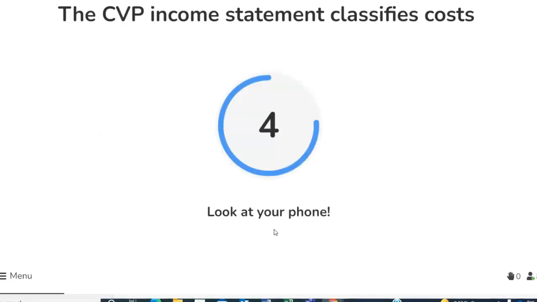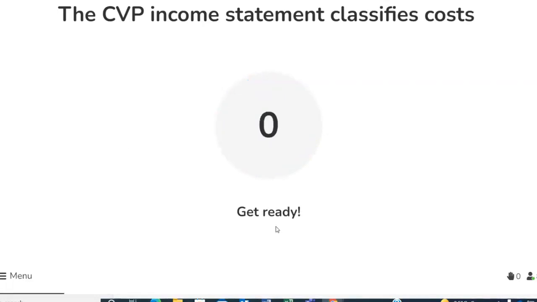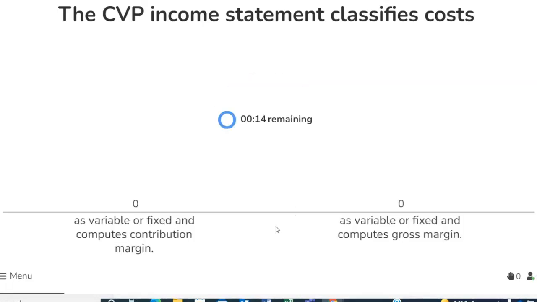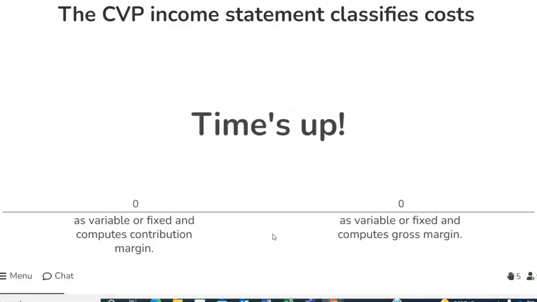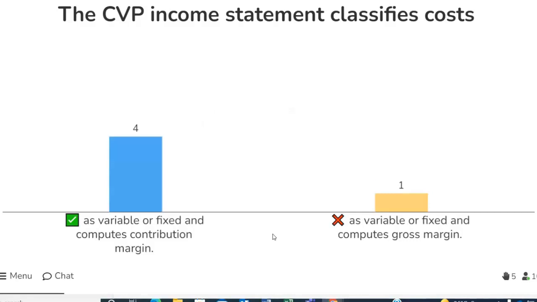Question 1 of 9. The CVP income statement classifies costs. Right, absolutely. Gross margin, that's financial accounting.